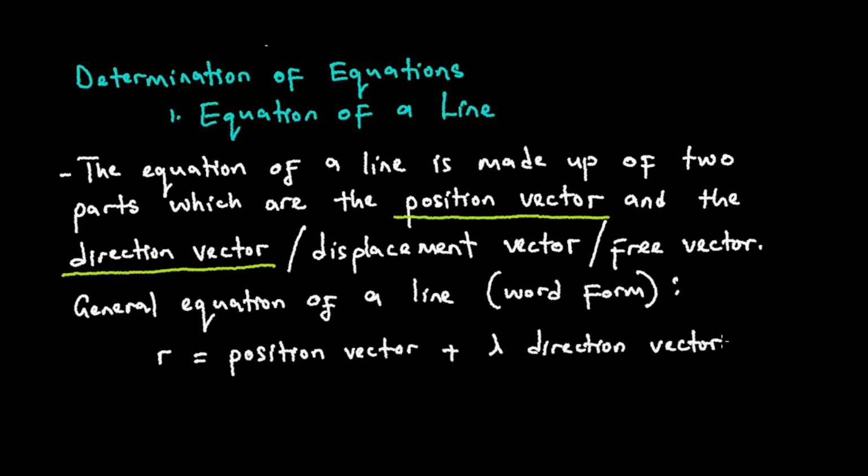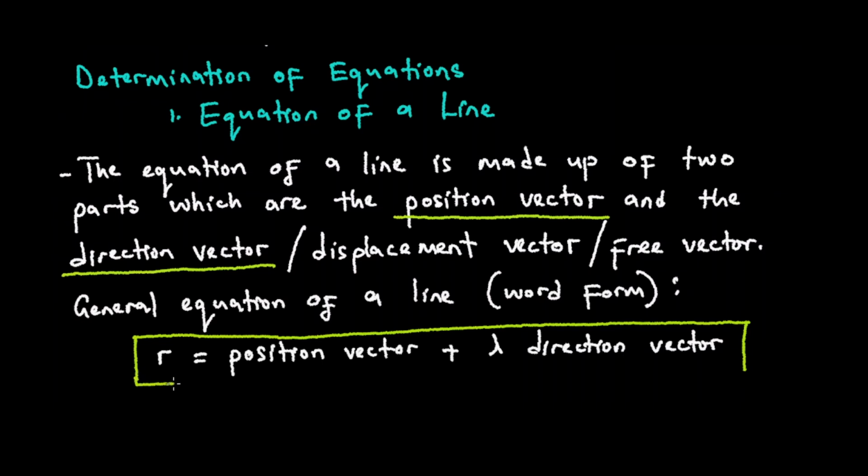R is equal to position vector plus lambda direction vector. Okay, let us define terms.